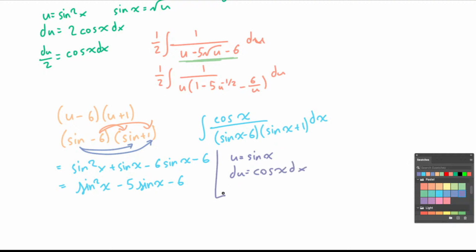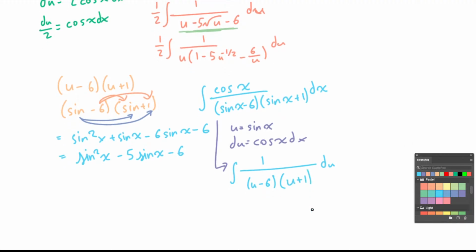Therefore, this becomes 1 over u minus 6 times u plus 1. And this, my friends, is doable through partial fractions.